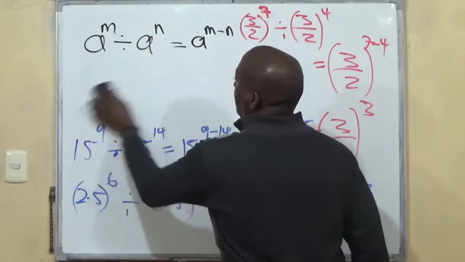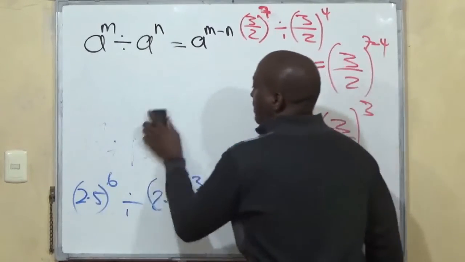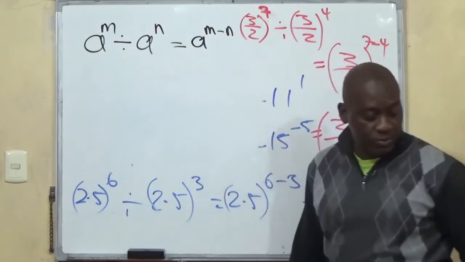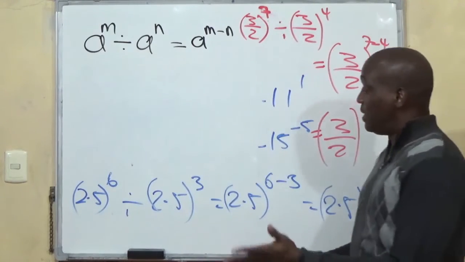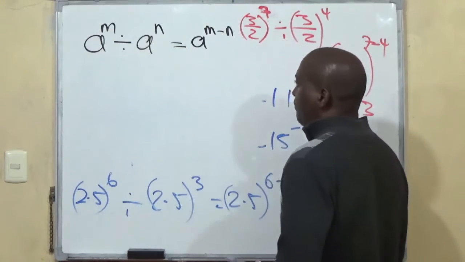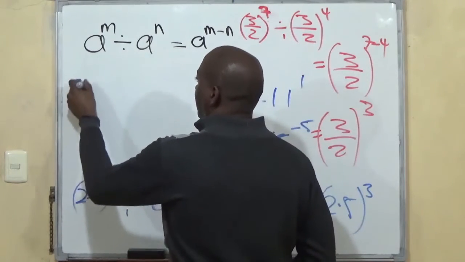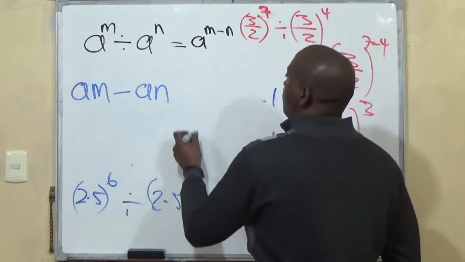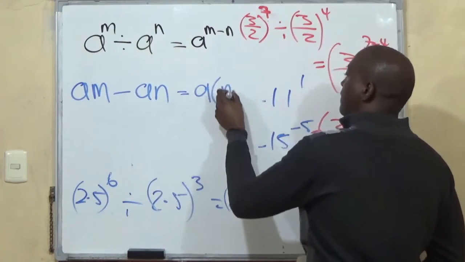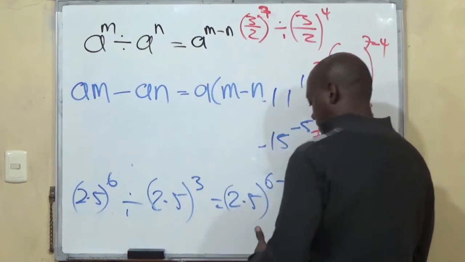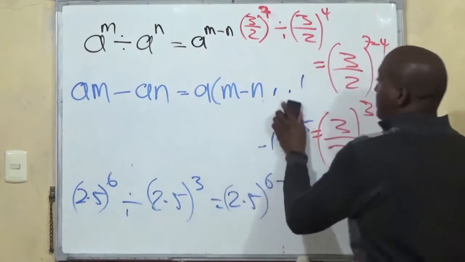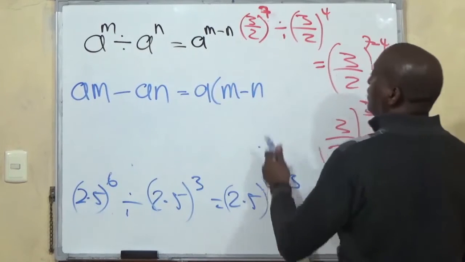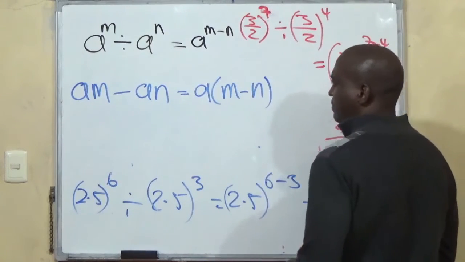I'm taking the time now to explain the difference because it has certain mistakes that I don't want you guys making. So if you have, for example, a^m minus a^n, see where I'm going? That is equal to a multiplied by m minus n. Again, this is multiplication where instead of the plus sign in the middle, we have the minus.